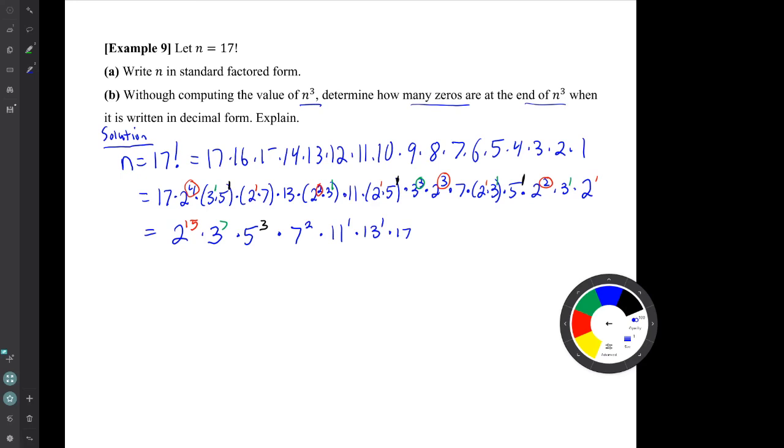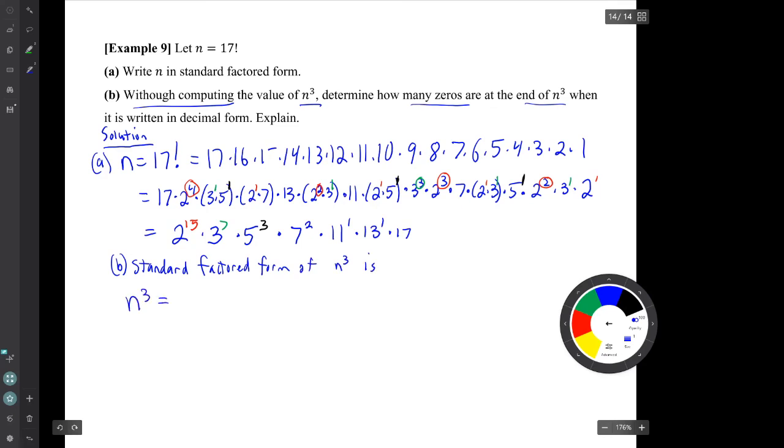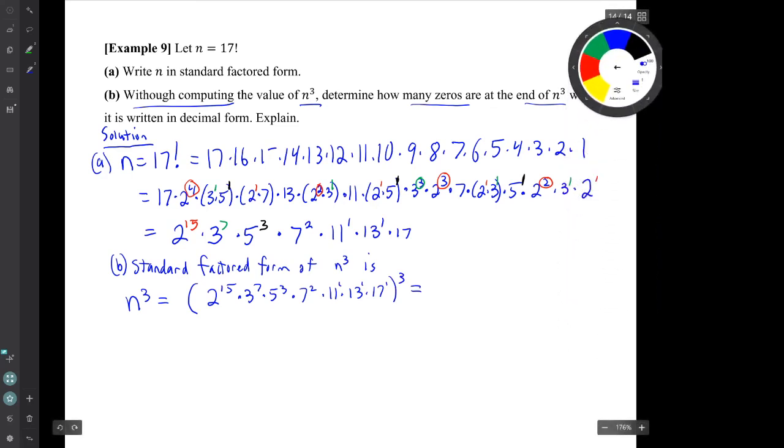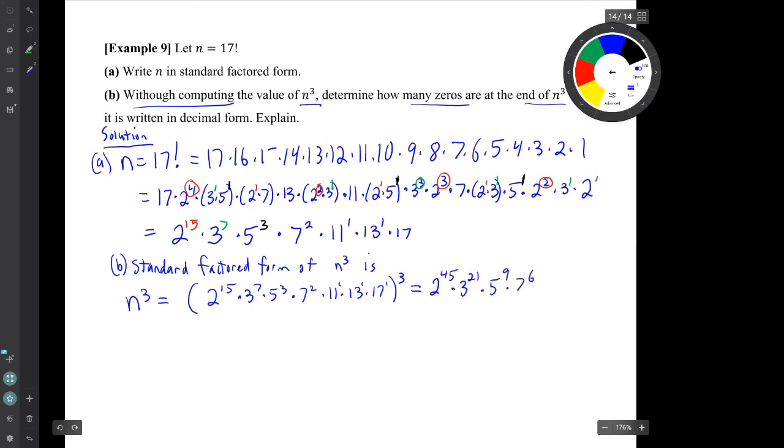Well, we're told to not compute the value of n cubed, but we can write the standard factored form of n cubed. So n cubed is going to be all that stuff cubed, so that means that each of the exponents gets multiplied by 3. Okay, so there's the prime factorization for n cubed.